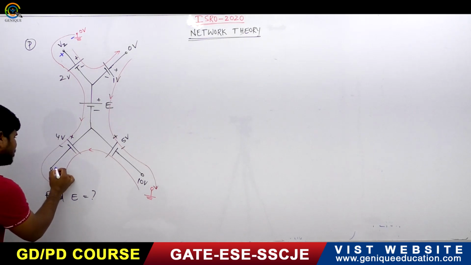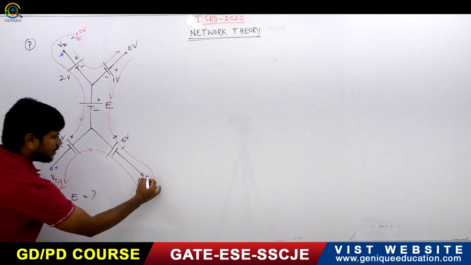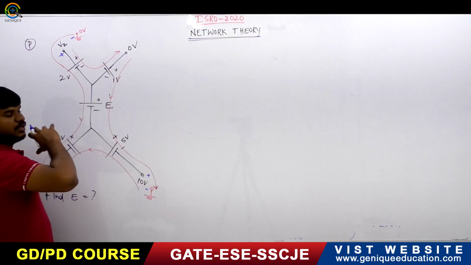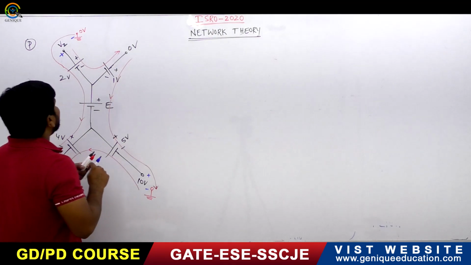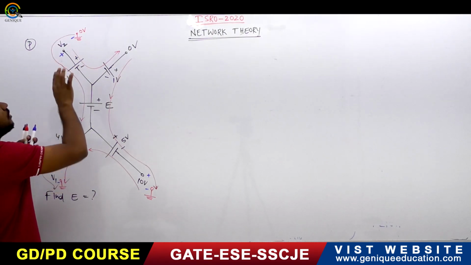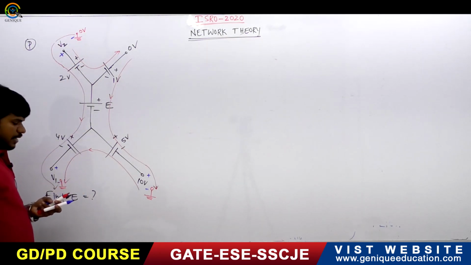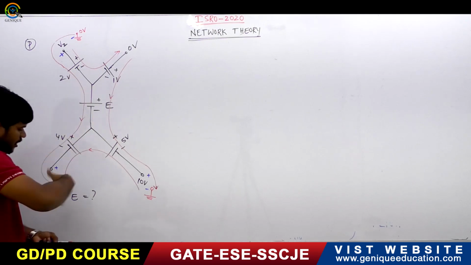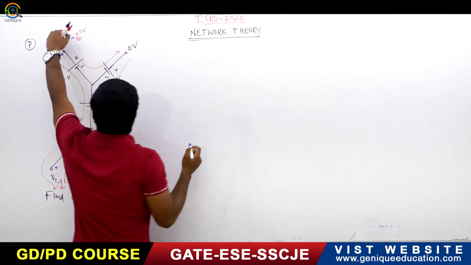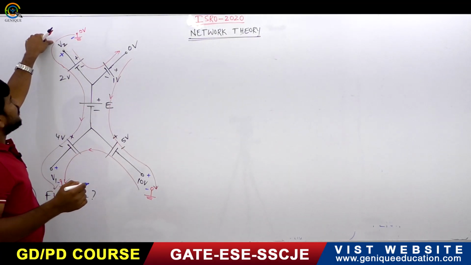So I can assume one battery like this, having one positive terminal and the next one a negative terminal. From this you can write the KVL. So how can I write the KVL? If the current is coming from here, what is this?